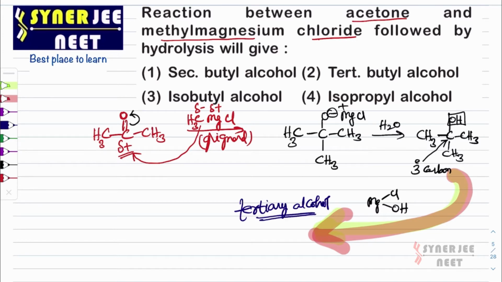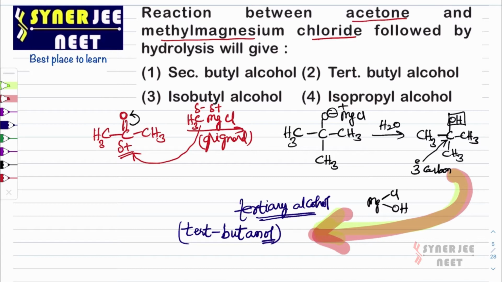Now, if you ask me which tertiary alcohol it is, total how many carbons are there? 4 carbons are there, so the root word is but, and butanol, ol. Butanol means alcohol with 4 carbons. And since it is a tertiary carbon where OH is attached, it is called tertiary butanol. So that is the name of this one.